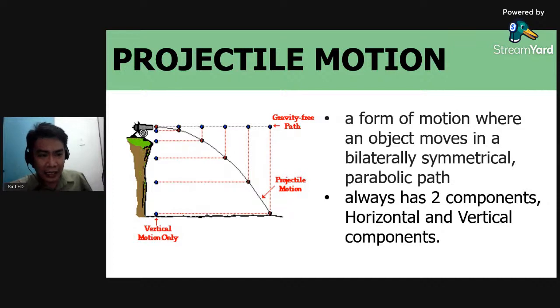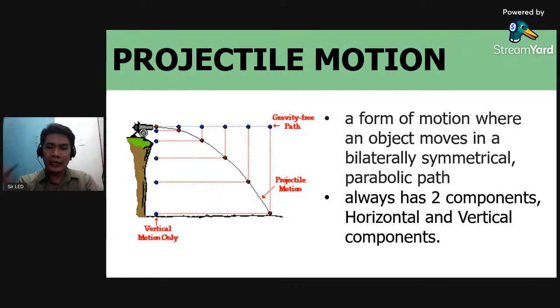So again, when we say projectile motion, the object is moving horizontally while it is being affected by gravity. And it always has two components, the horizontal and the vertical components.